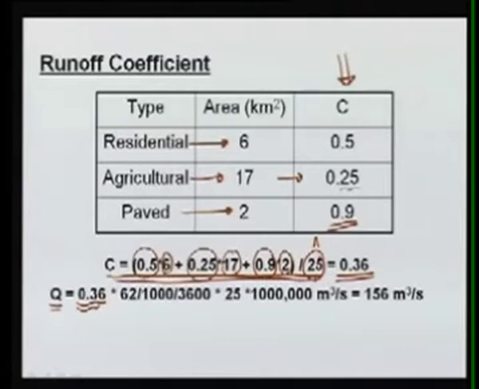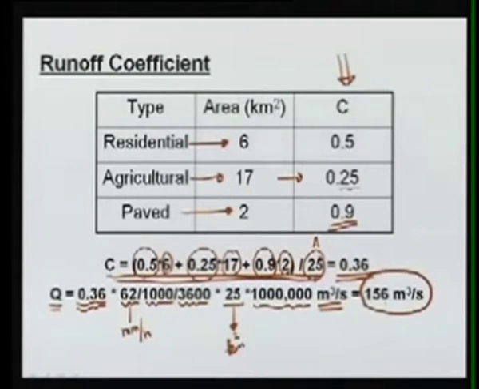0.36 is C, 62 is in millimeter per hour, so we will convert it into meters by dividing by 1000 and per second by dividing by 3600. 25 is the area in kilometer square, so we multiplied by a million to get in meter square, and therefore the resulting value will come out to be in meter cube per second, and it turns out to be 156 meter cube per second.